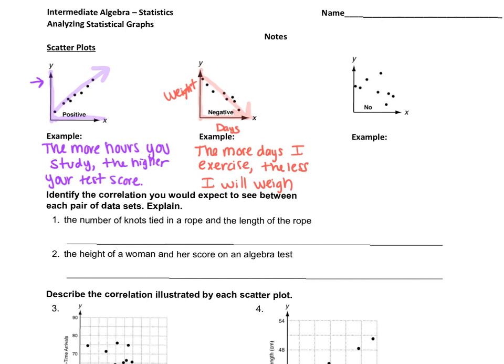This last one is no correlation. And that's because if we look at this last graph, as x increases, y really has no relationship. Those points are kind of all over the place.